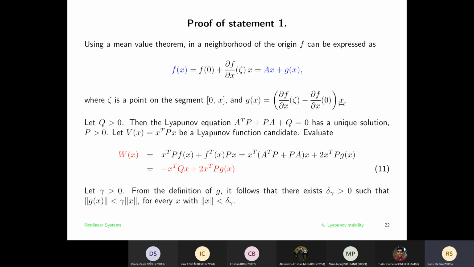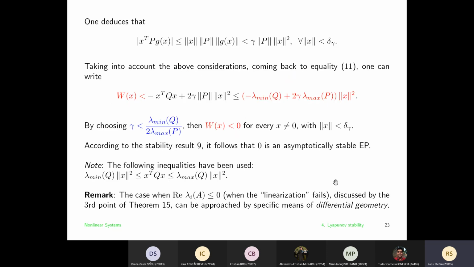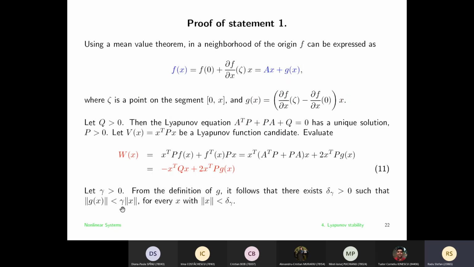You see, when x goes to 0, g of x goes to g of 0, which is 0. So g has a certain continuity property around the origin, meaning that if you have a given gamma, you always find a delta gamma such that the norm of g of x is bounded by gamma times the norm of x. It's because of the definition and the continuity property with x.